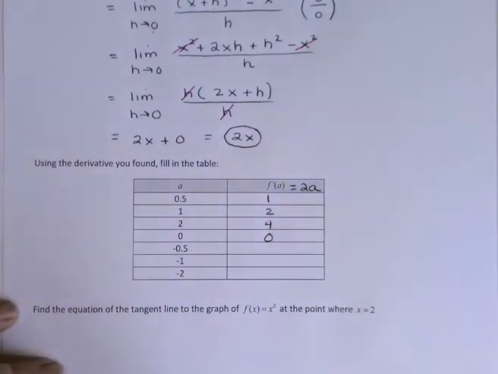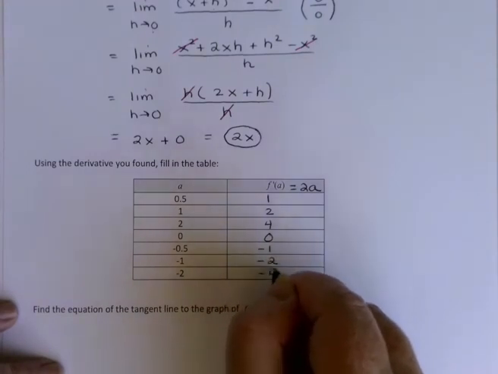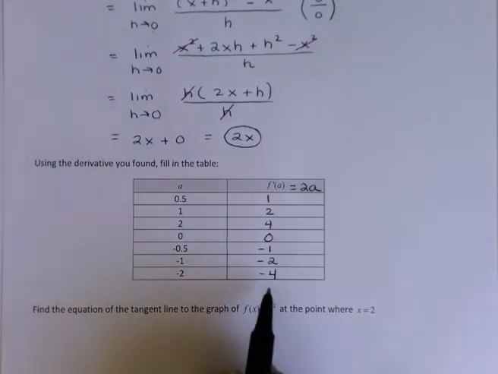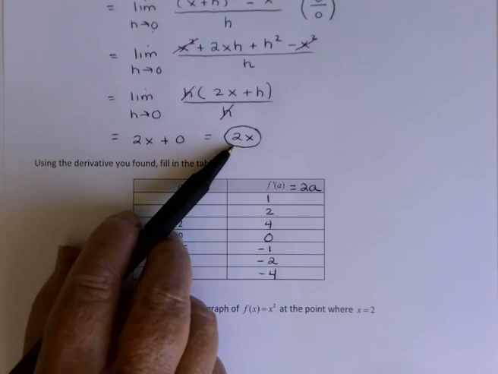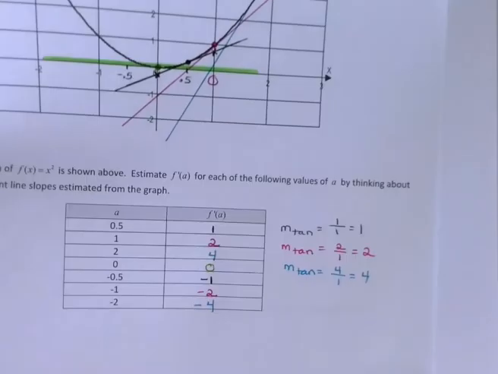Doubling 0 is still 0. And then -1, -2, and -4. Okay. Now, of course, I kind of knew where I was going, so I guided us a little bit as I drew, but hopefully you agree that our drawings were reasonable. And notice that those values that I've gotten from the formula now are the exact same slopes that we predicted by looking at the graph.